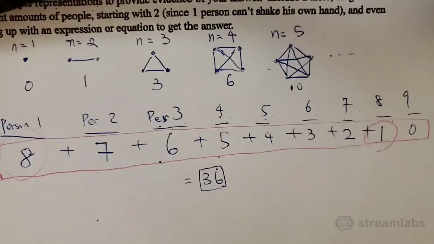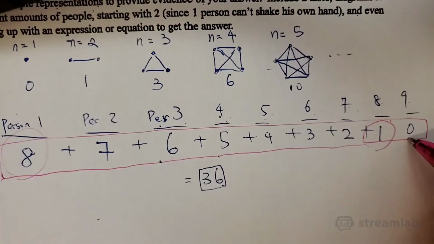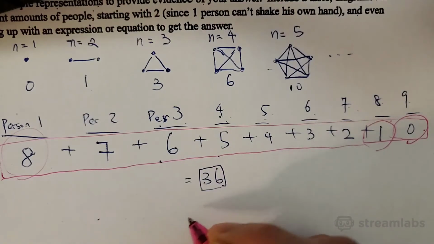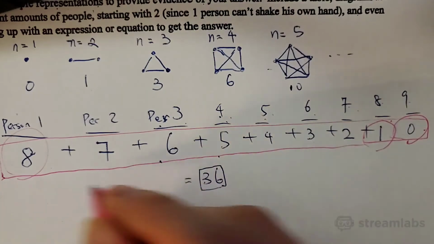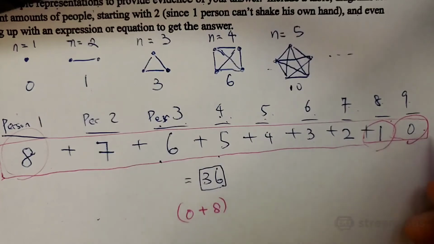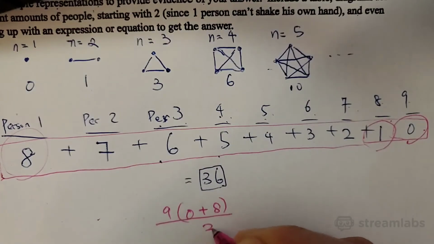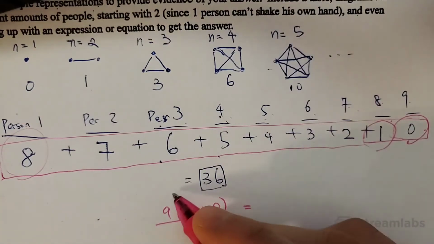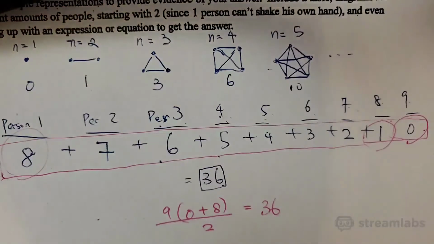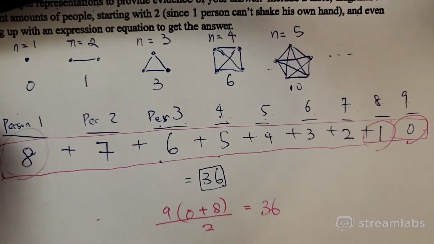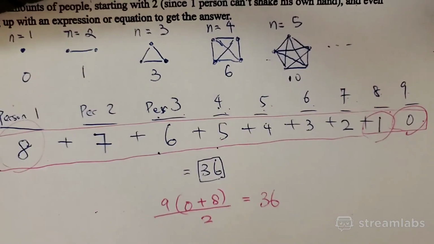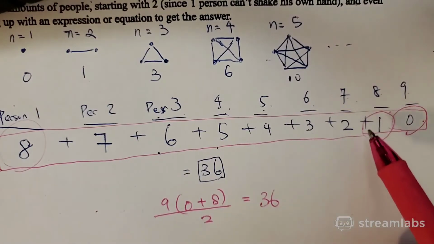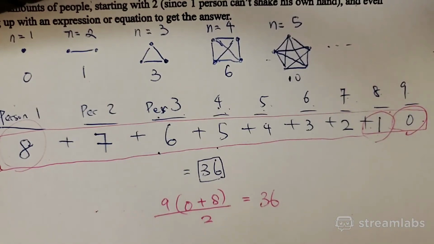So wouldn't this be, or you can say 9 people, but you start with 0. So if you do that, isn't this 0 plus 8 times 9 people divided by 2, which will also be 36. Okay, same thing. Or if you don't want to count the last person, it will be 1 plus 8 divided by 2 times 8. It will be the same thing. Okay.